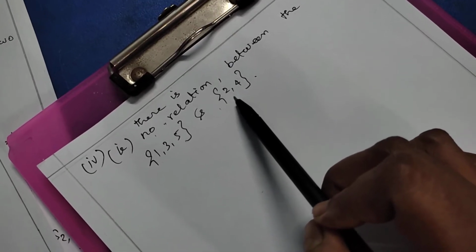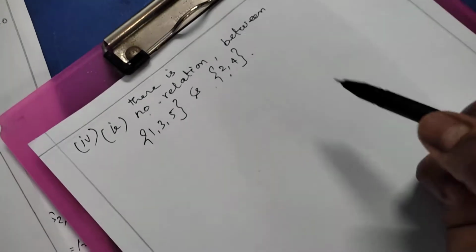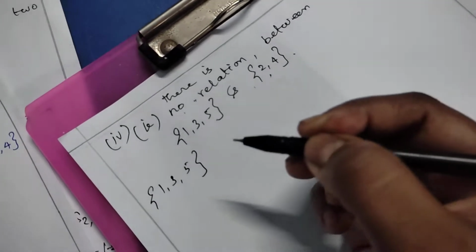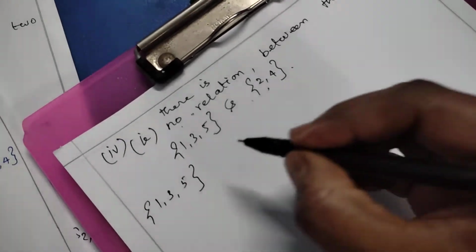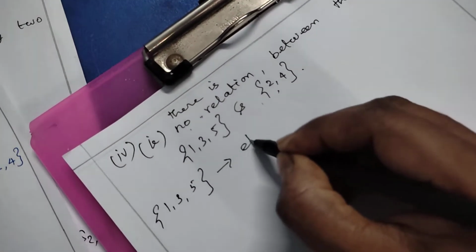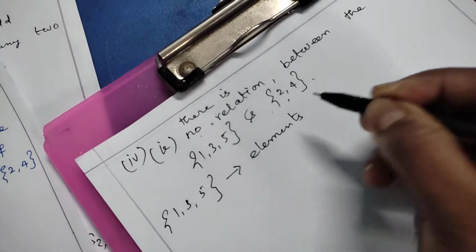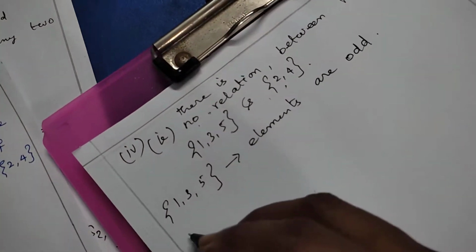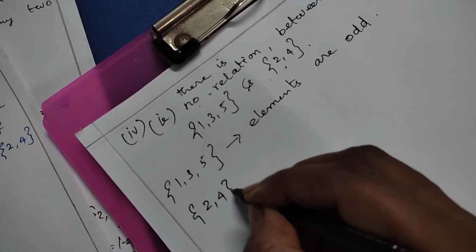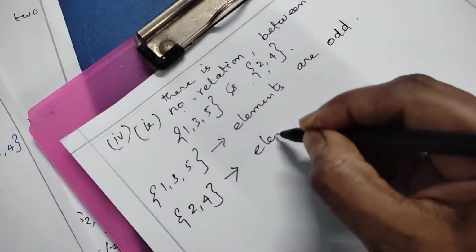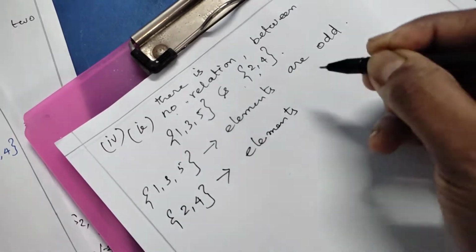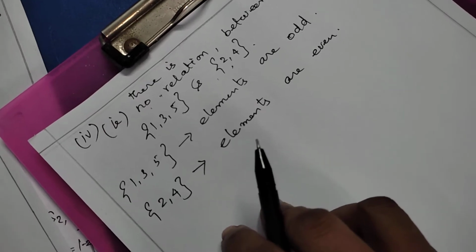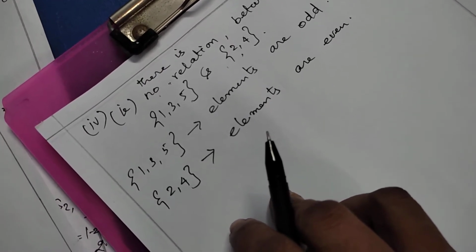So here in the set 1, 3, 5 we observe that the elements are odd numbers only. In the set 2, 4 the elements are even numbers only.